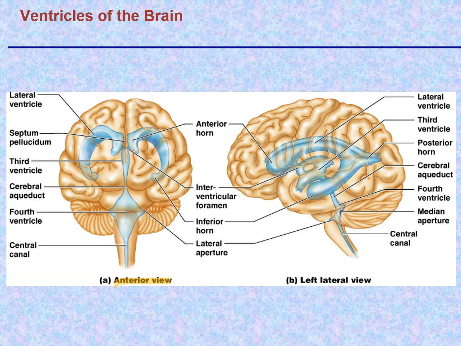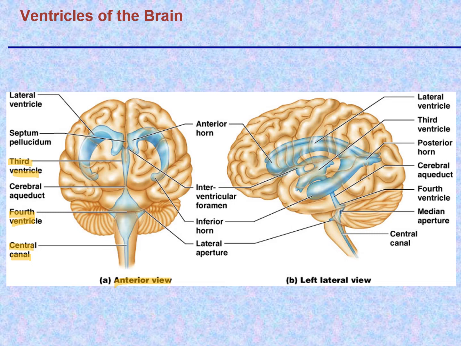Now, as I said before, there is a central cavity or central canal in the brain stem, and the fourth ventricle, as it said on the previous slide, is dorsal to the pons. That's the fourth ventricle here, and then the third ventricle here is in the middle of the diencephalon.